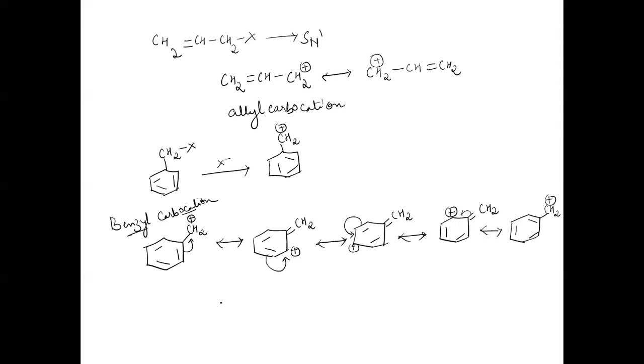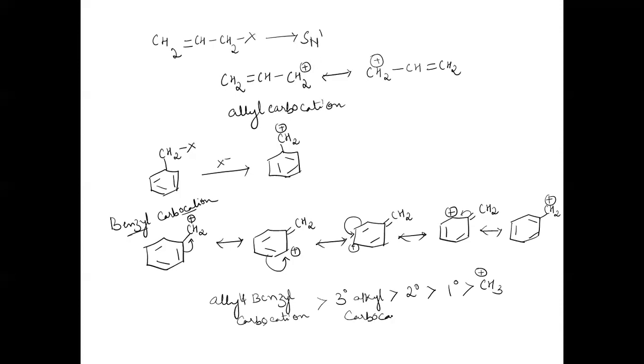So the allyl and benzyl carbocations are more stable when compared to the tertiary alkyl carbocation, which is more stable than secondary. Then comes primary, and then comes the methyl cation. So depending upon the stability of the carbocation, the SN1 reaction rate decreases in the following order. So this is the rate of the reaction for the SN1 reaction.